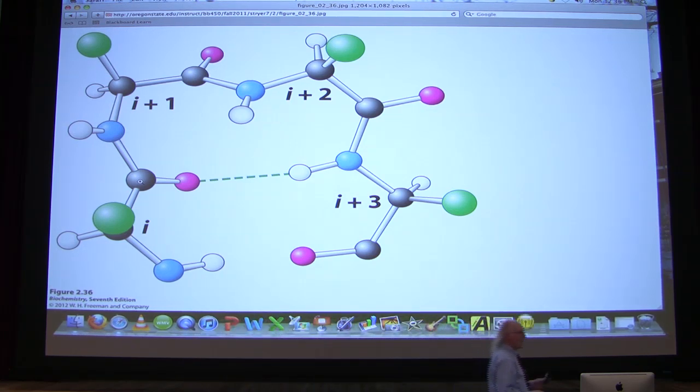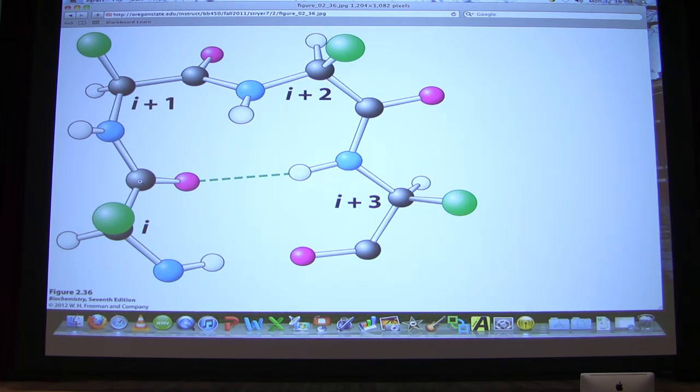Now, I mentioned turns earlier today. Turns are very important because it's turns that interrupt secondary structure.